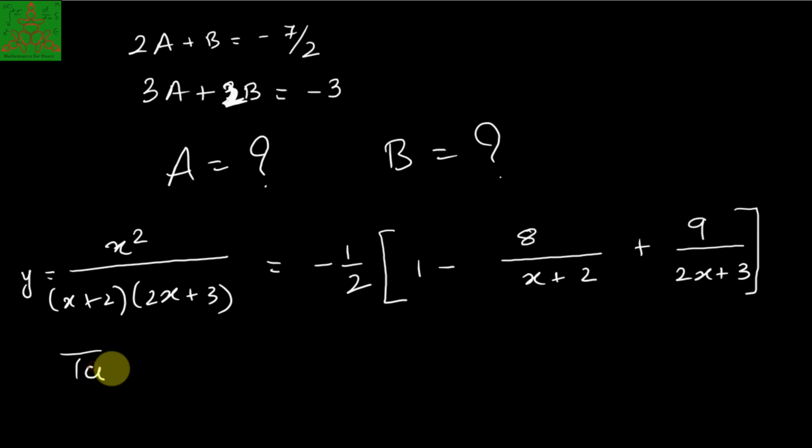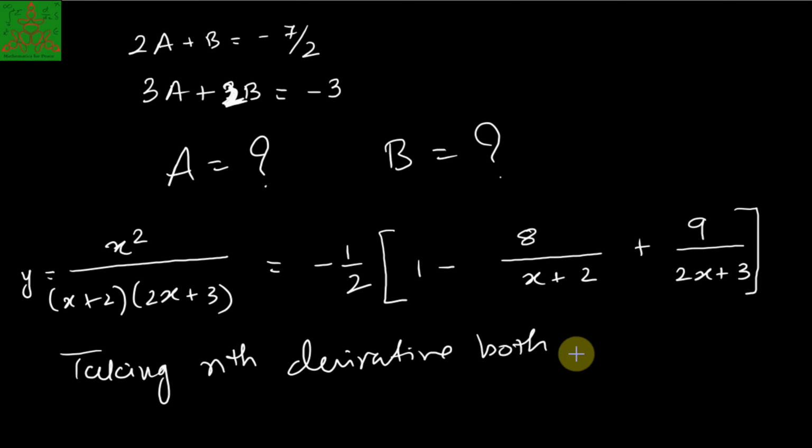Now taking the nth derivative on both sides, we get, if you take the nth derivative, the first one is the constant term, and this constant term will have the derivative 0.